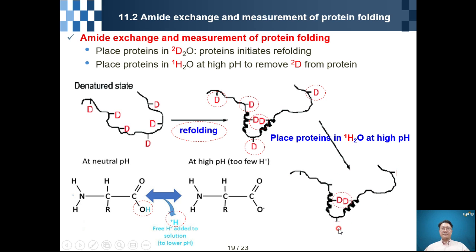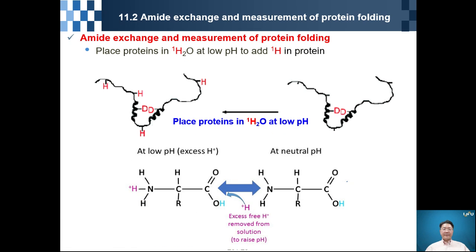After that, place the proteins in H2O, not D2O, at low pH to add H to the proteins. I will show you the principle of this experiment. This is the amino acid at neutral pH.